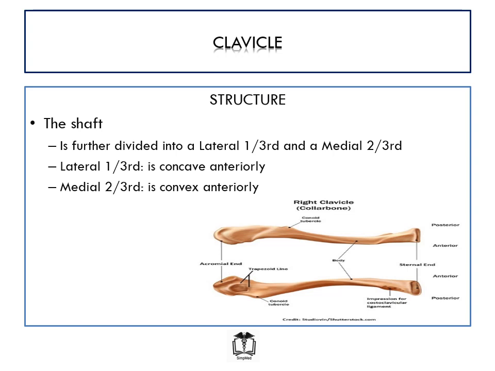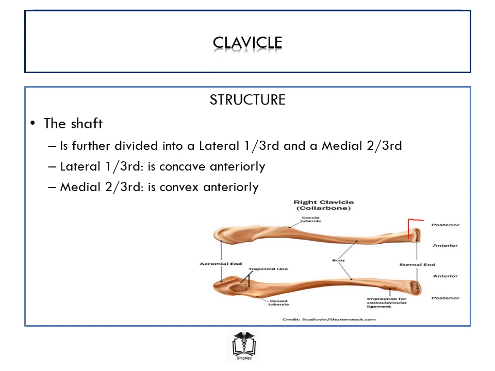When you get to the labs, you would have to identify this portion, the lateral one third and the medial two third. And how we tend to identify them is that once we are visualizing the sternal end, we know that the sternal end is going to be connected directly to the medial two third. The medial two third must always contain a convex portion on its anterior border. So let me show you what I mean by that. Look at this.